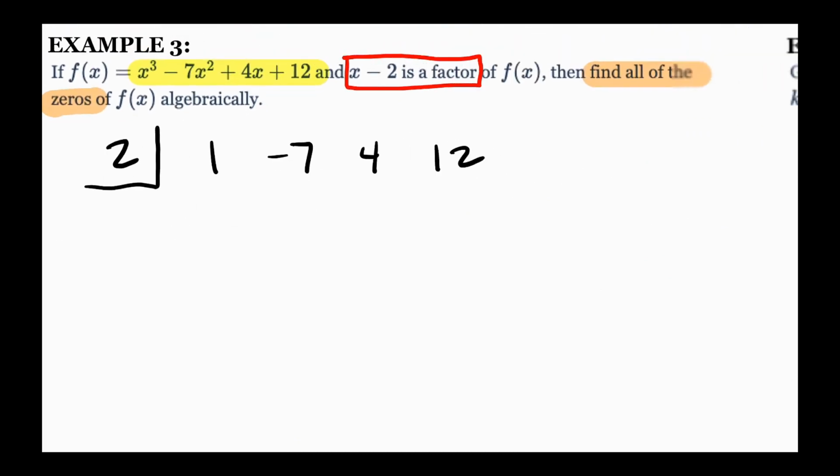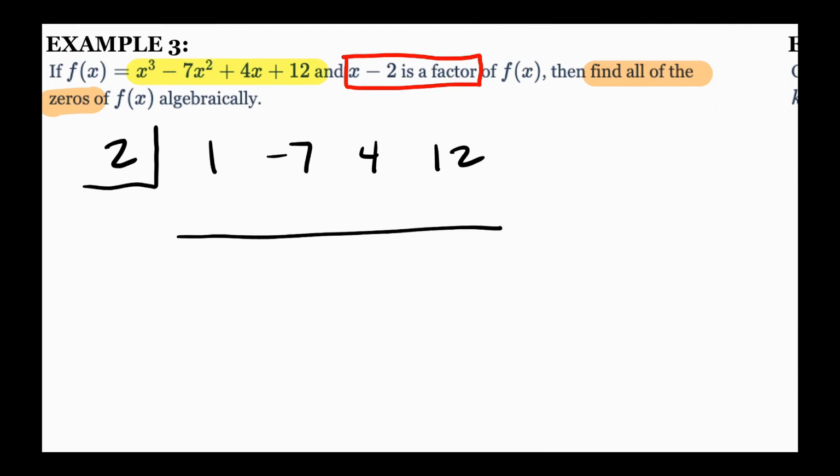Okay, so let's go back to this problem here. So let's do synthetic division. Let's start the process. First guy goes straight down. Multiply. 1 times 2 is 2. Always add straight down. So I get negative 5 here.